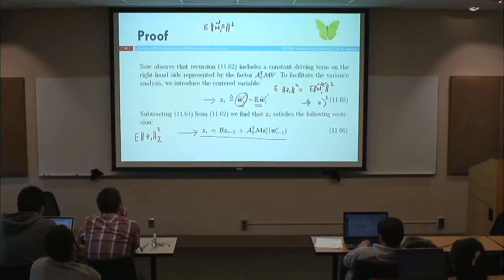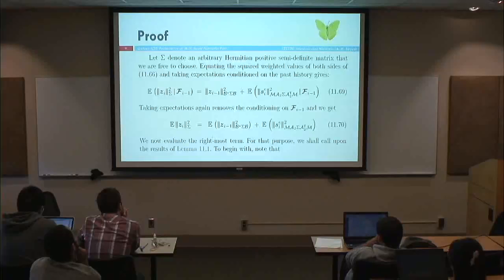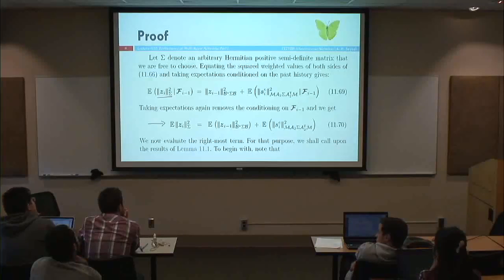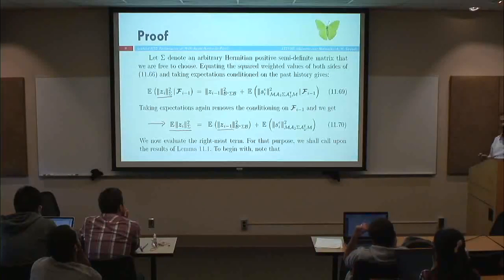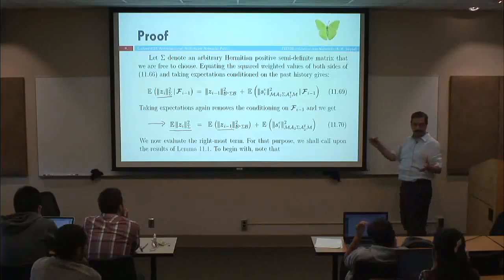So this is exactly what you have here. I'm doing it first conditioned, and then I take expectation again and remove the conditioning. You see that? Where it came from?